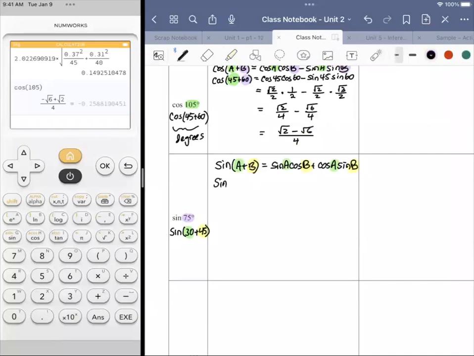So sine of 30 plus 45: sine of 30 cosine 45, plus cosine 30 sine 45.